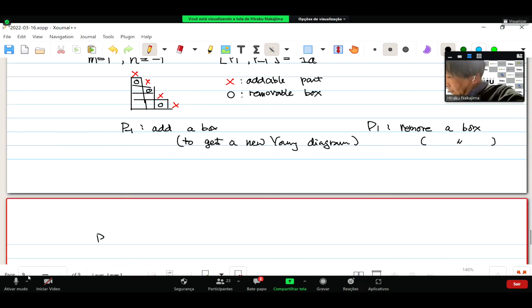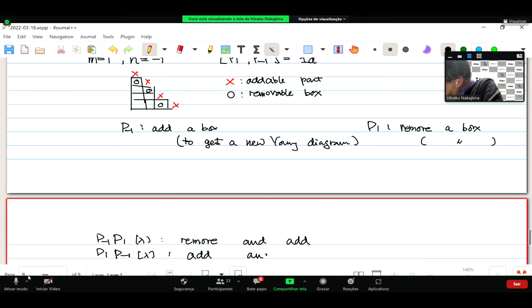Then I consider the composite P minus 1 and P1. So this is remove and add. And P1, I apply to lambda. So this is first you add and then remove. The order is different.